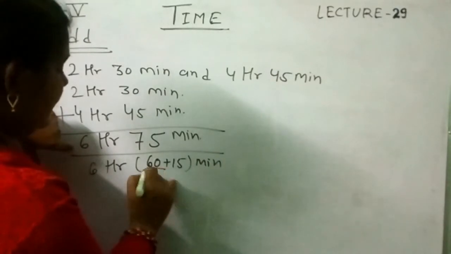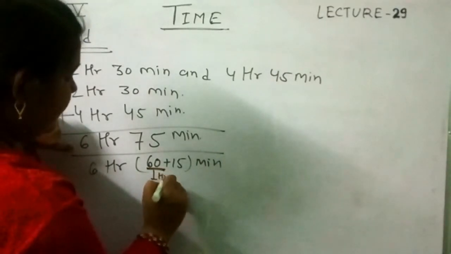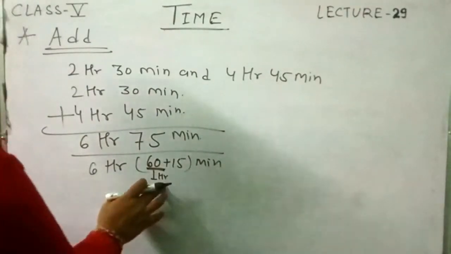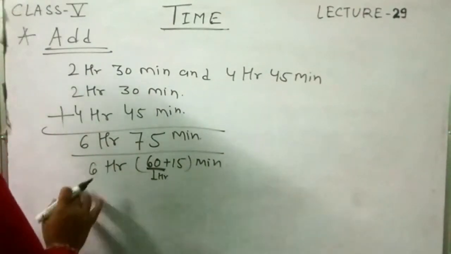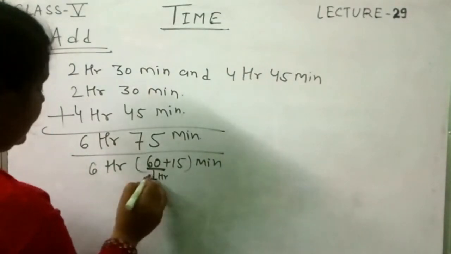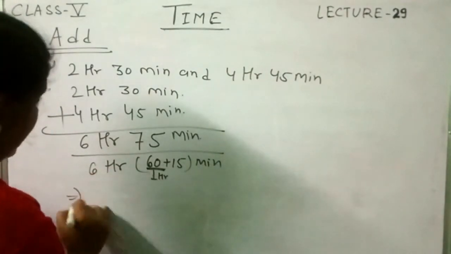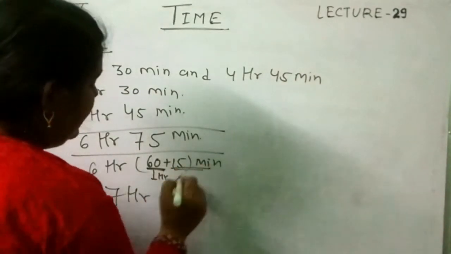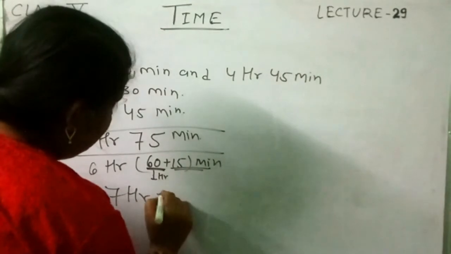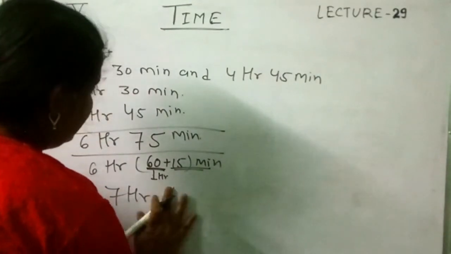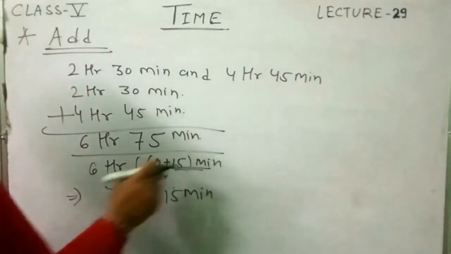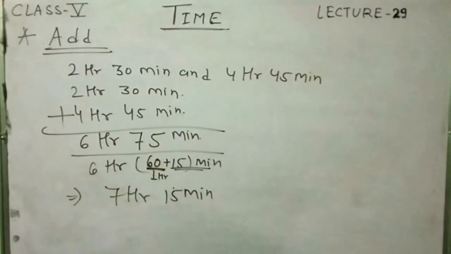That means 60 means 1 hour. 1 hour is carried and that 1 hour will be added here. So you add this one here and write 6 plus 1, that is 7 hour. And what is left here? 15 minutes. So 7 hour 15 minutes.